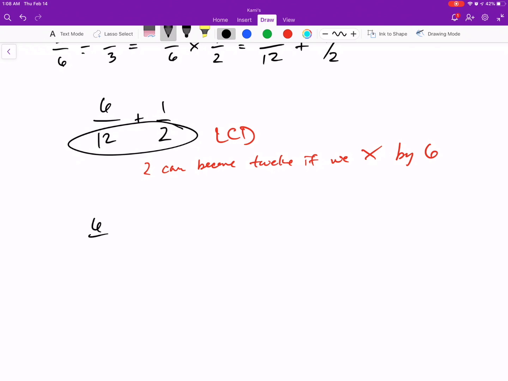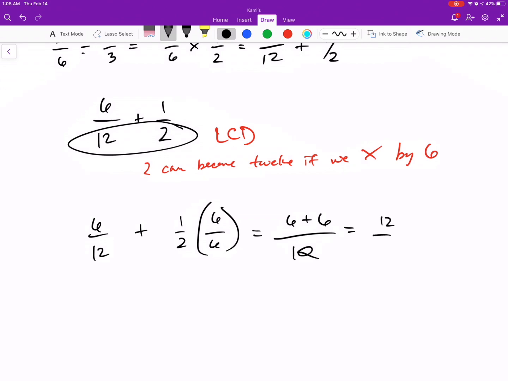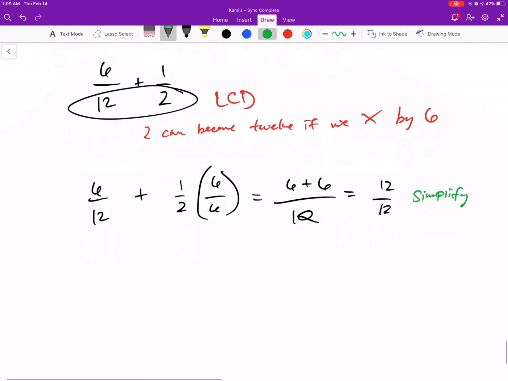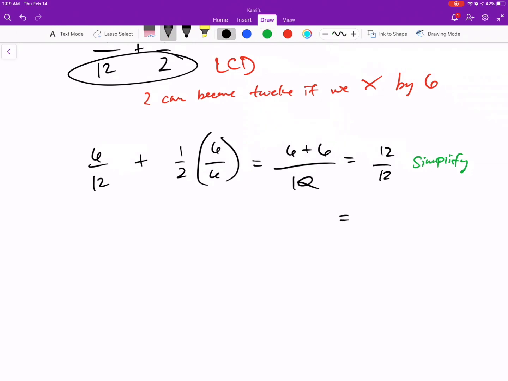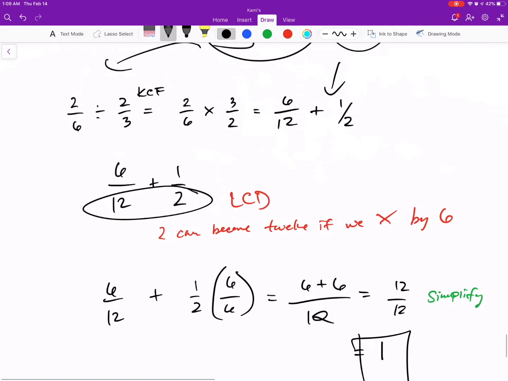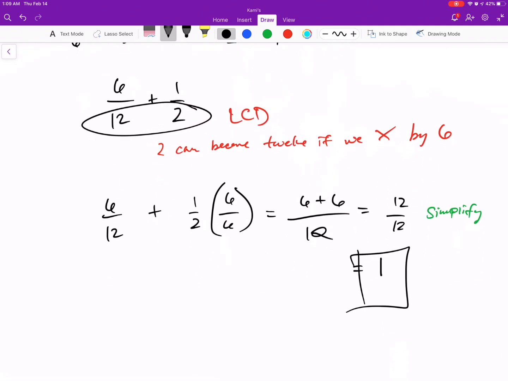So 6 over 12 plus 1/2 times 6 over 6 is equal to 6 plus 1 times 6, 6 all over 12. What is 6 plus 6? 12 over 12. What is 12 over 12? Remember, what do we always do? We always simplify. 12 over 12 is actually just 1. That's our answer. 1. Crazy.